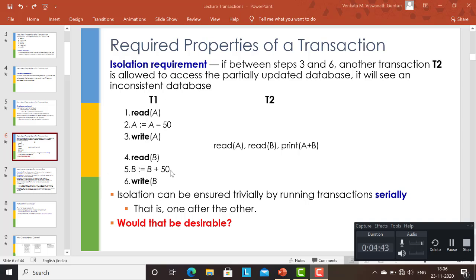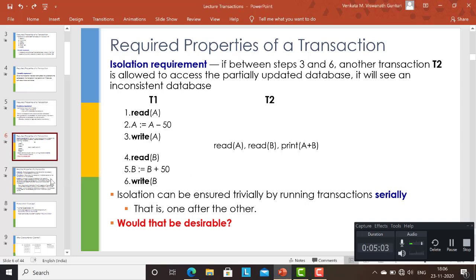What people do is design concurrency control techniques such that they do allow interleaving of operations between two transactions, but still guarantee the following.